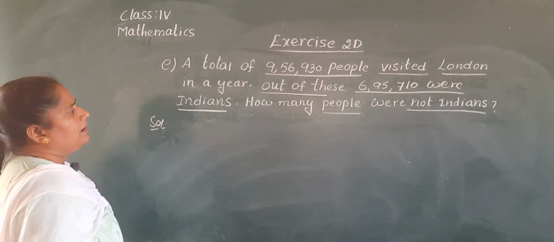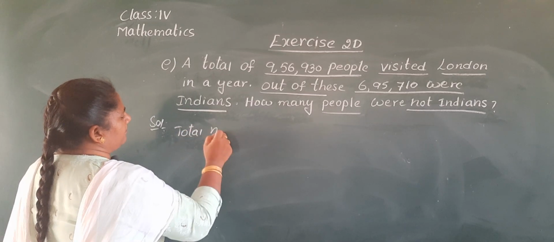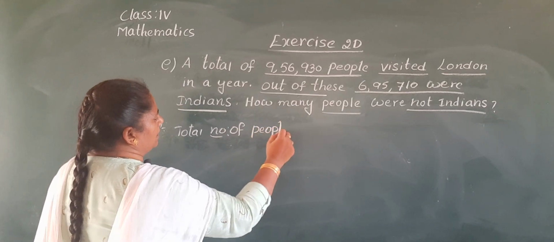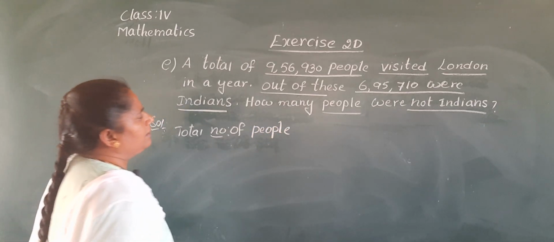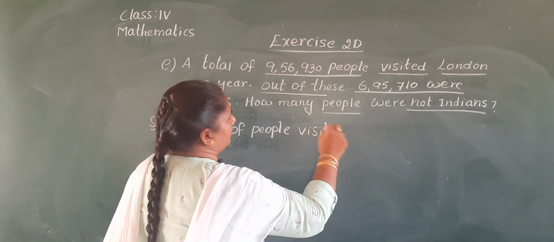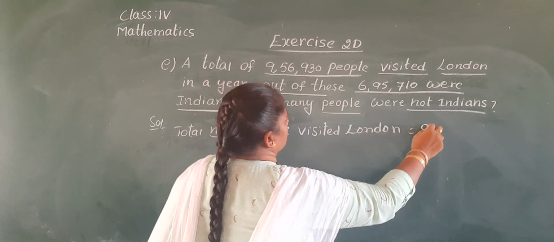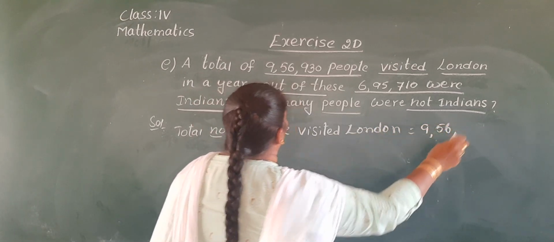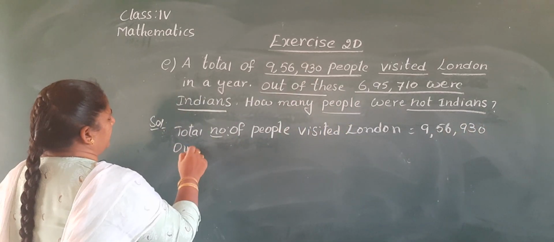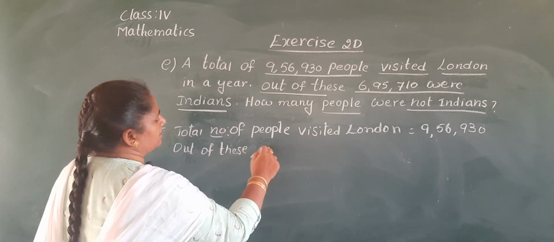First step, write down total number of people visited London in one year, 9,56,930.